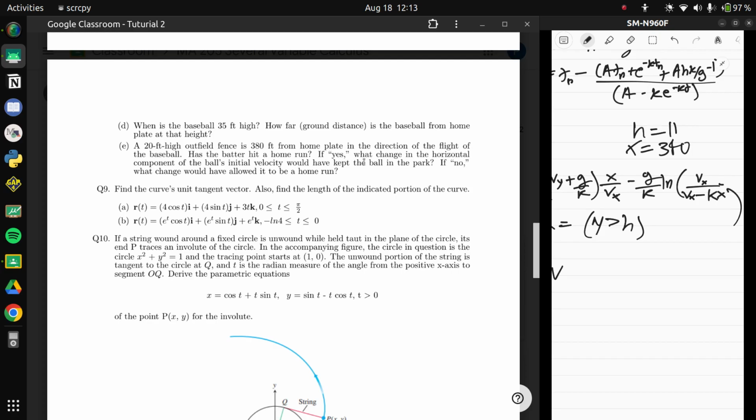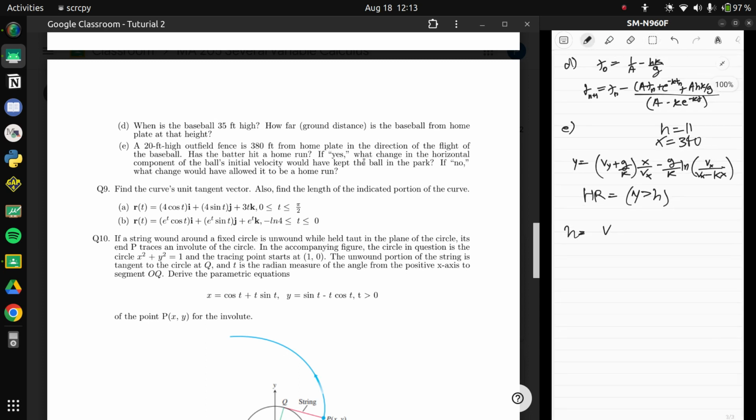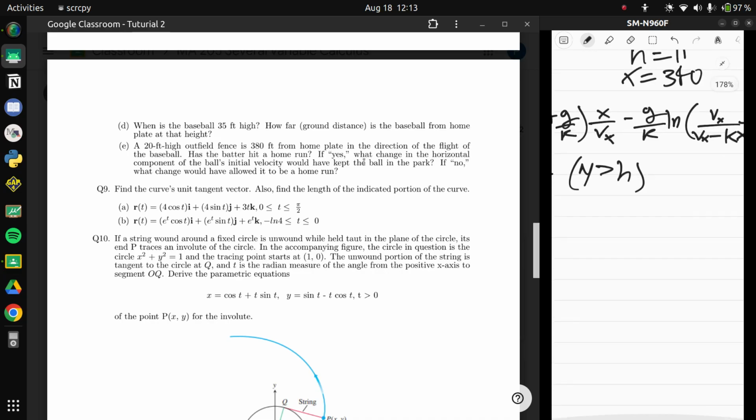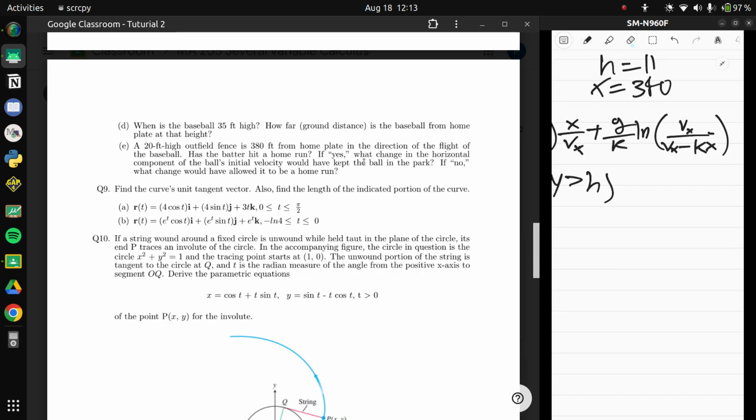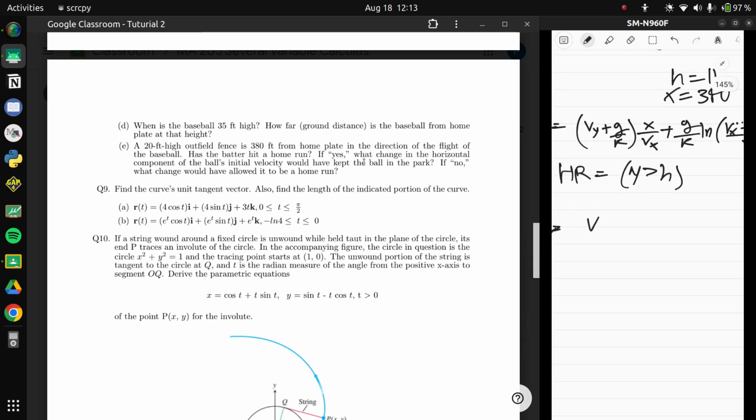Let's see what's gonna happen. Yep, so you can just use the positive one there, right? It's positive natural log of, that looks okay, fine.